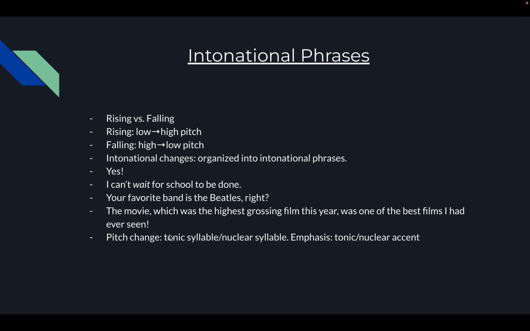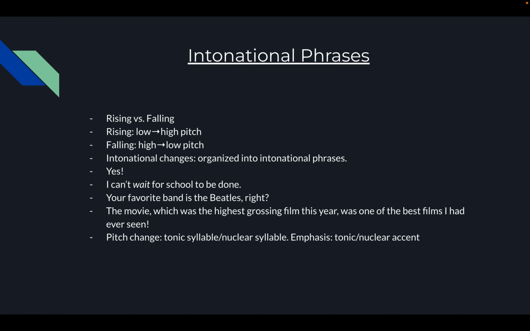Now, pitch change, briefly going over tonic syllable or nuclear syllable, and then nuclear accent or tonic accent. So, tonic syllable is the first syllable of the primary stressed word or words, and then the tonic or nuclear accent is the emphasis that is given to that syllable.